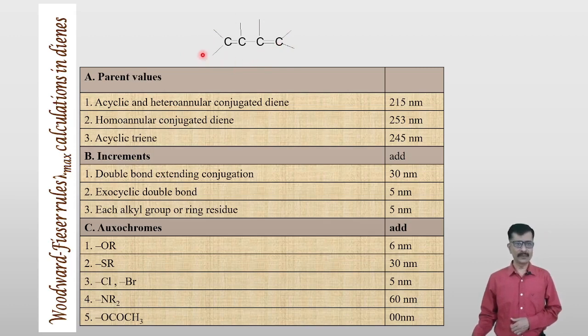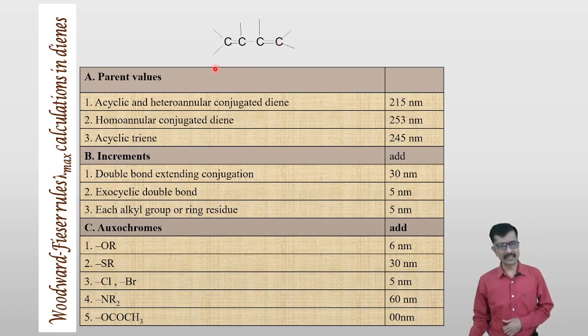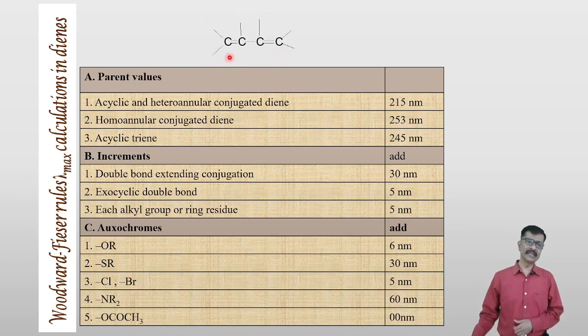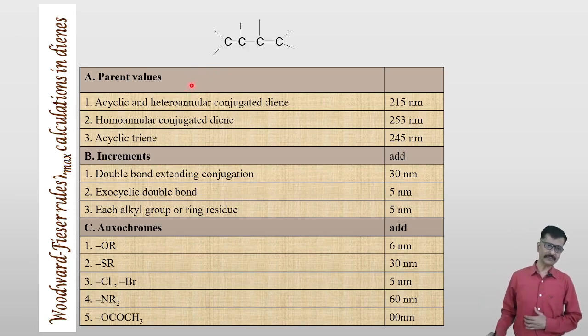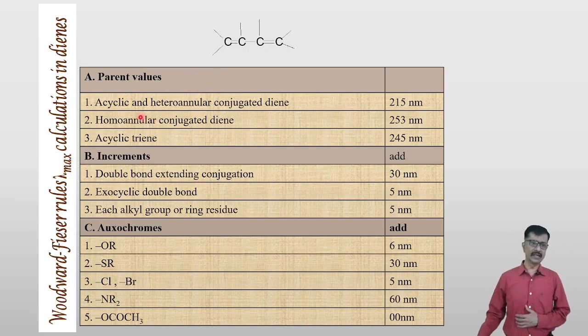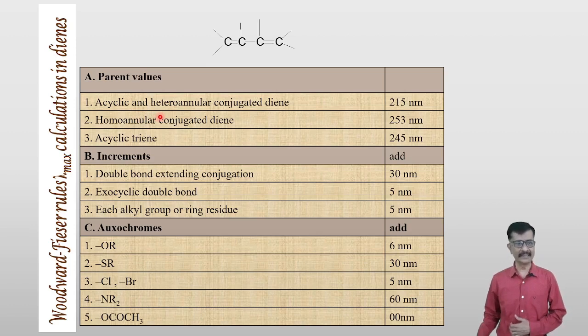So if in a given structure you have such a kind of diene system, then let us see how to calculate lambda max for this kind of compounds. For that, there are some parent values given. If it is acyclic and heteroannular conjugated diene, the parent value for this is 215 nanometers. Now what is acyclic?